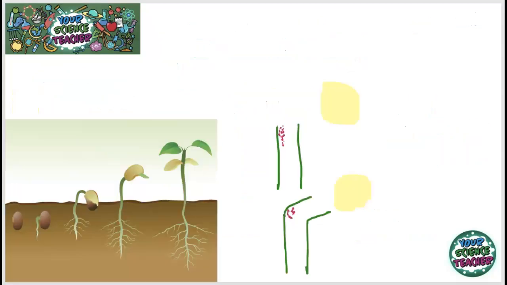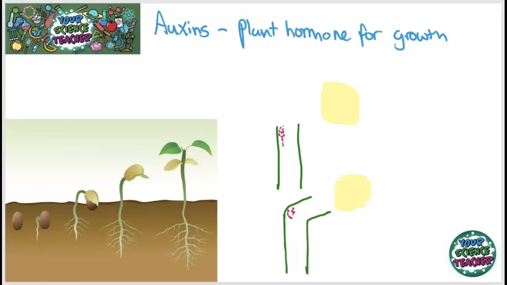Now, just like humans, plants have hormones, and this is what causes those tropisms that we saw on the last slide. And the plant hormone responsible for growth are called auxins. Now, if we put the light source here, you can see what happens to my auxins. They gather up on my plant shoot away from the light source.